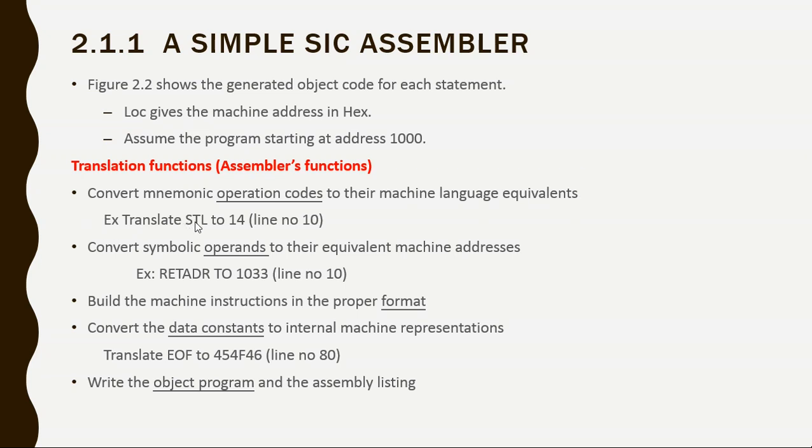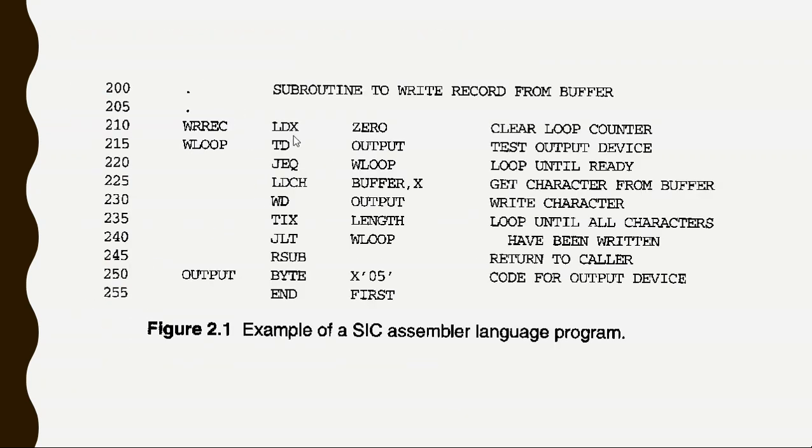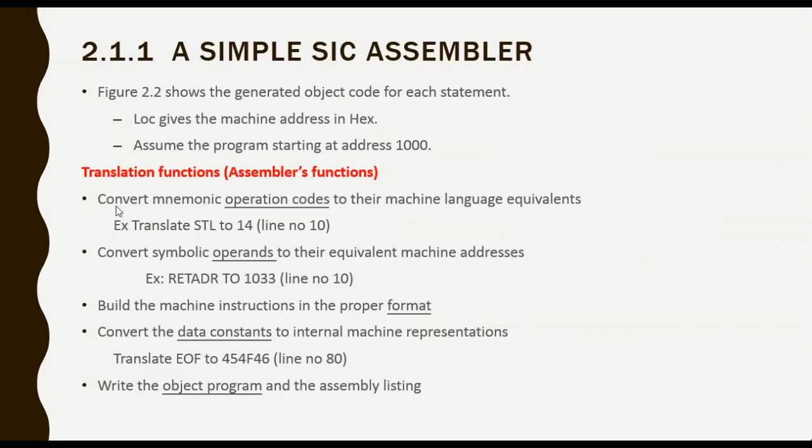For example, translate STL: the opcode is first translated into its machine equivalent opcode. The same goes for each instruction, like LDX, TD, J. The first step is converting the opcode to its machine language equivalent. Each opcode is assigned its machine equivalent value, which will be in hexa.